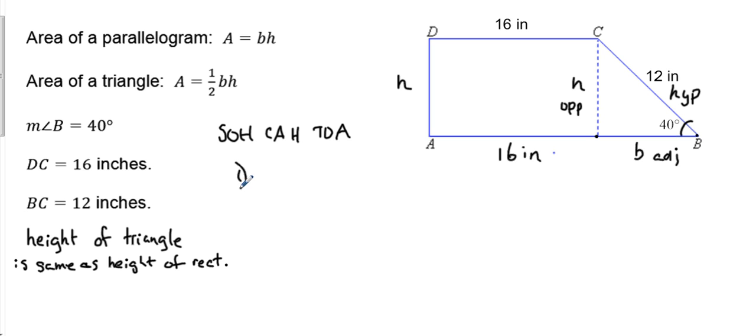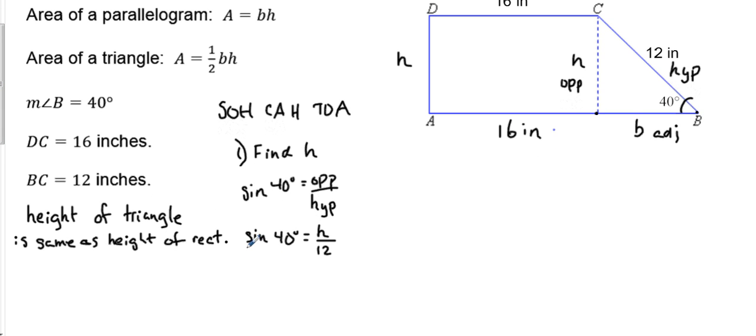Now, step one, we're going to find the height, H. And in order to find H, we have to use the opposite side and the side that we know the value of. So if I use opposite and hypotenuse, that's going to be the sine ratio. So I'm going to write the sine of 40 degrees equals opposite over hypotenuse. The sine of 40 degrees equals H over 12.